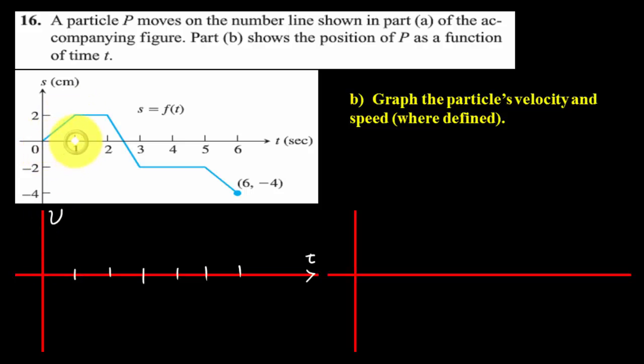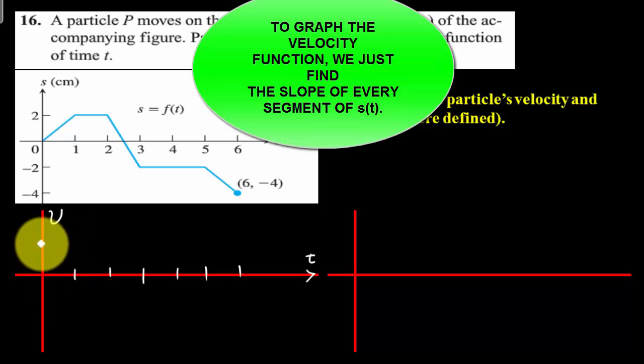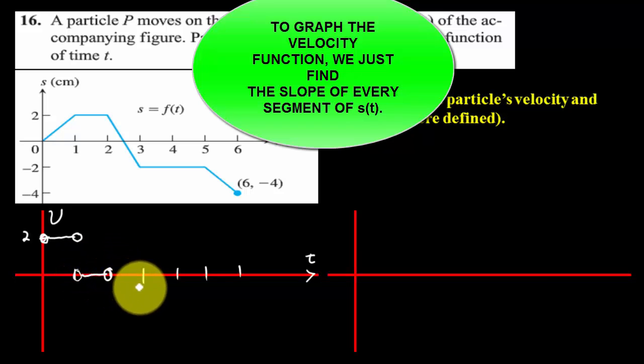From 0 to 1, it has traveled 2 centimeters. So 2 over 1 gives you a slope of 2, a fixed slope. So this is 2. And what happens between 1 and 2? We have a standstill. So what is the velocity? It's not moving, so the velocity is 0.